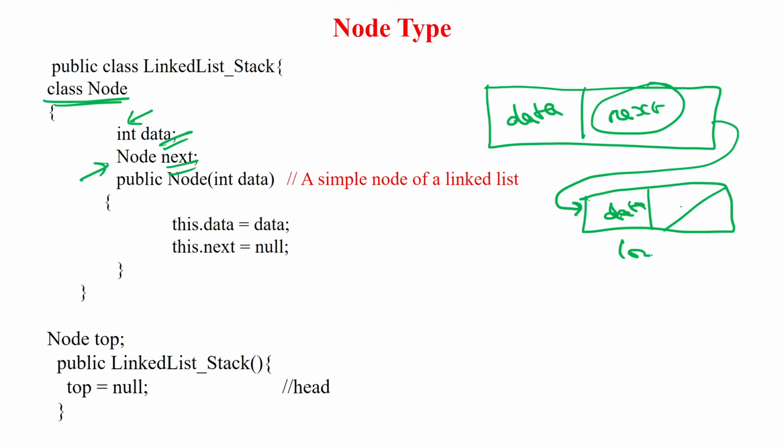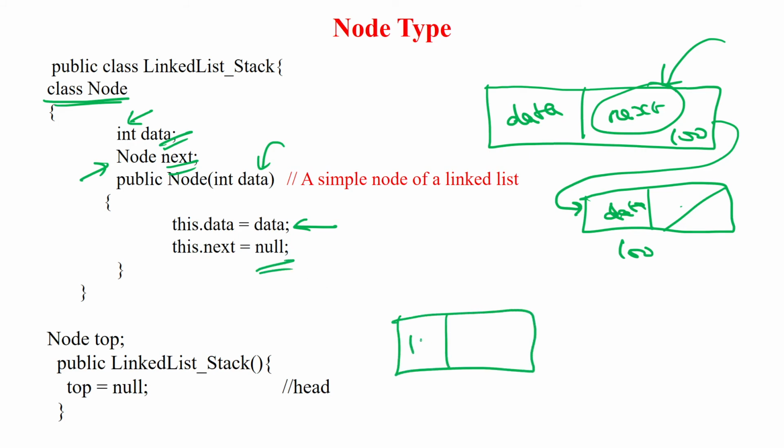Suppose it is 100, then 100 will be written here. Then we assign the data into the data field. Whenever we create a node, data will always be assigned here with some value, and the next will be null. Then during the push and pop operations, we will modify the value of the next field.